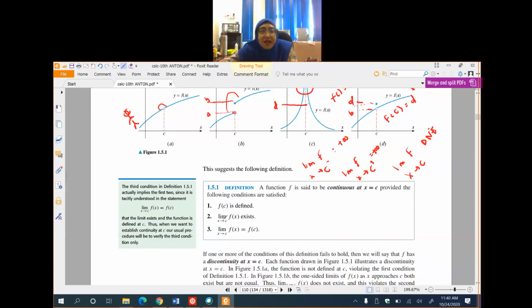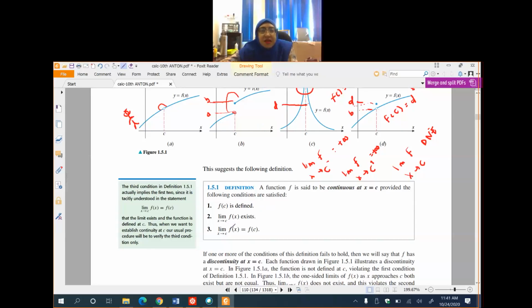The second: the limit of f as x tends to c exists. Does it exist here? No, because the left and right sides are not the same, so it does not exist. For this one as well, it does not exist, since it goes up to plus infinity on both sides. So it failed to satisfy the second condition.